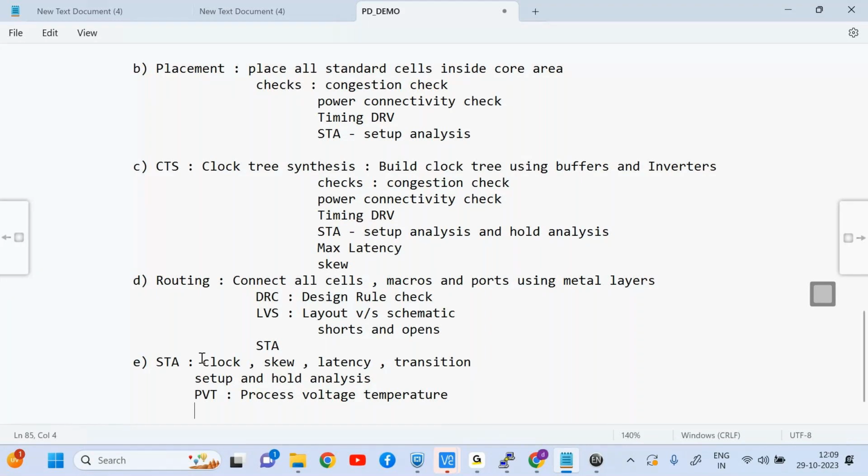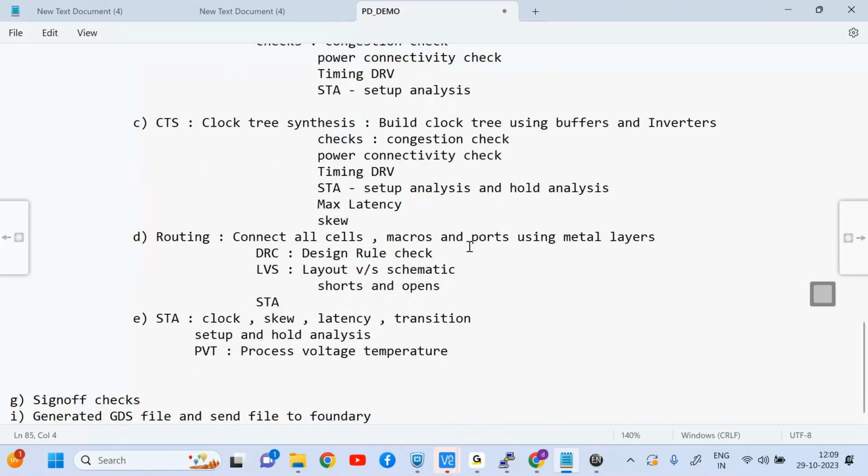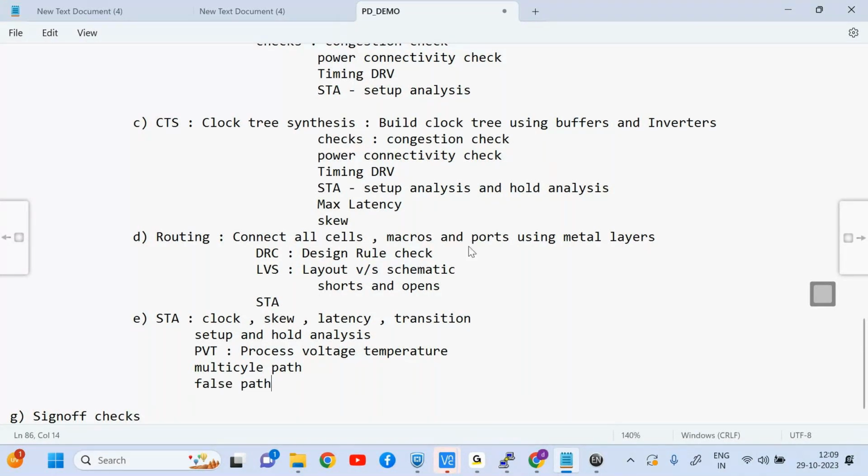And we will cover multi-cycle path, false path, what is a false path, half cycle path, and asynchronous circuits, how to handle asynchronous circuits. So we will cover all these things in STA separately.